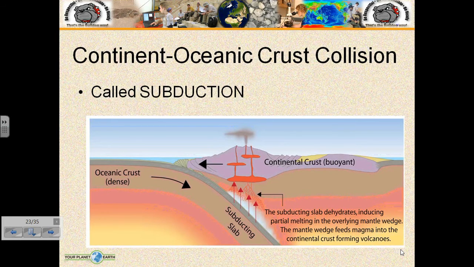Now, another example is continent to oceanic crust collision. This process is called subduction. In this case, you have oceanic crust which interacts with the continental crust, and the oceanic crust ends up subducting or going underneath the continental crust.